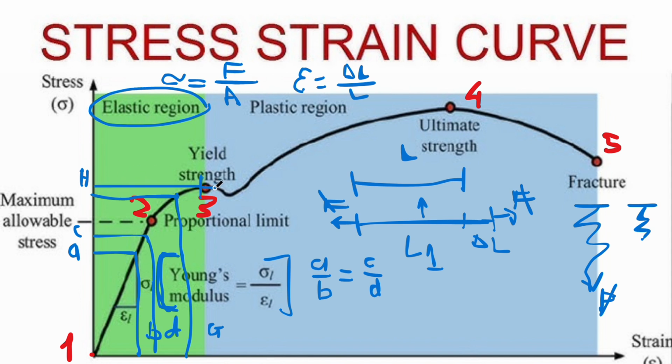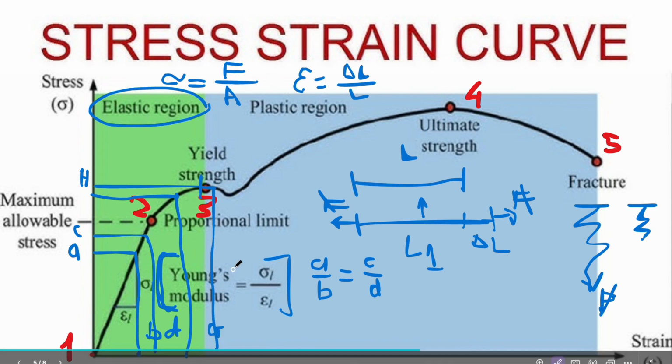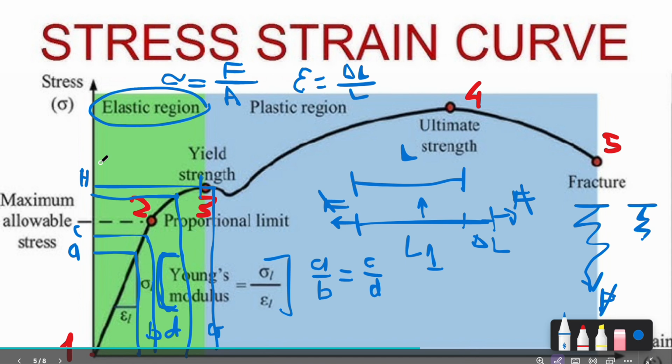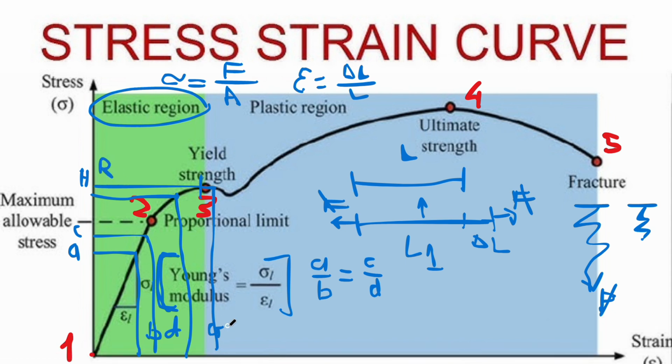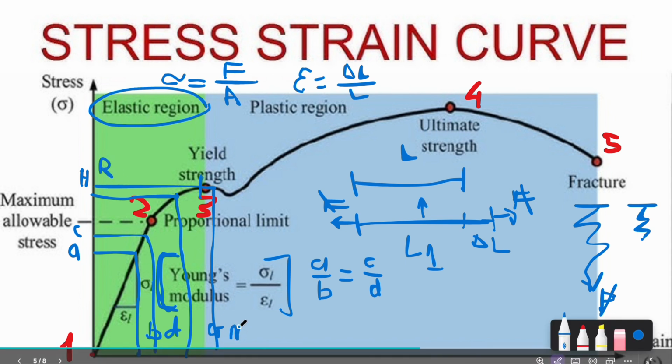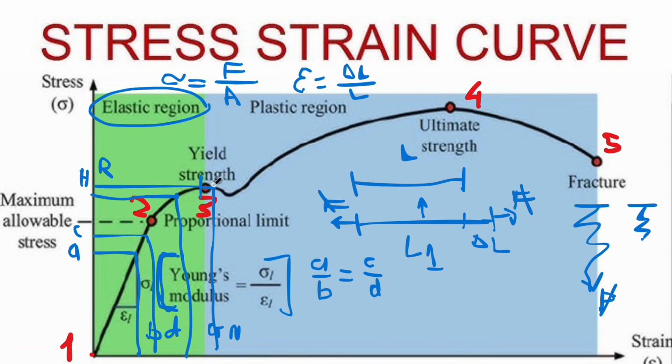But beyond number 3 it is not, for example at R and N. Here the stick is in the plastic region.